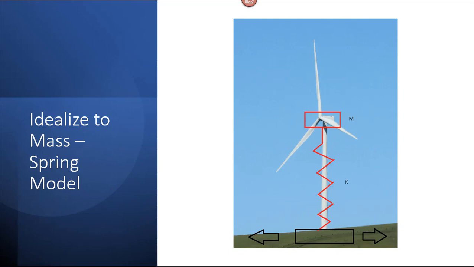By the way, this wind turbine is in a seismic zone, so this needs to be designed for seismic ground motions. So we could do a response spectrum analysis and calculate the expected forces coming on the structure and design the structure accordingly.